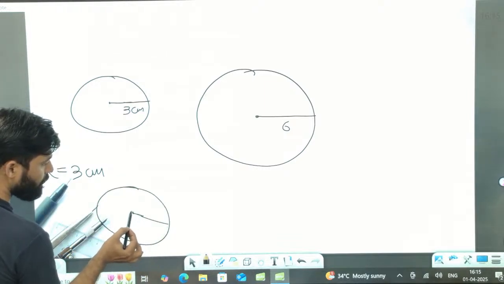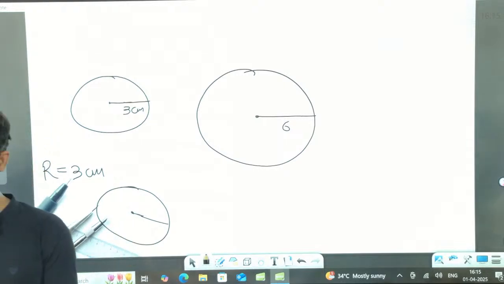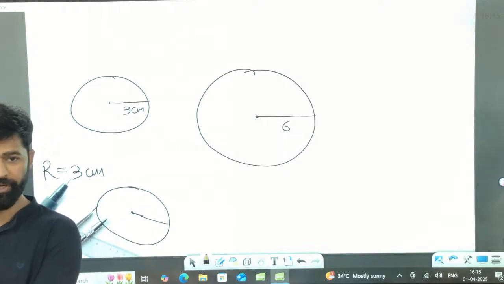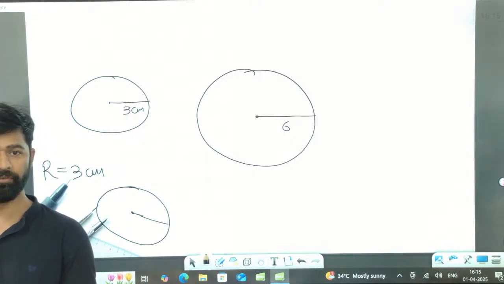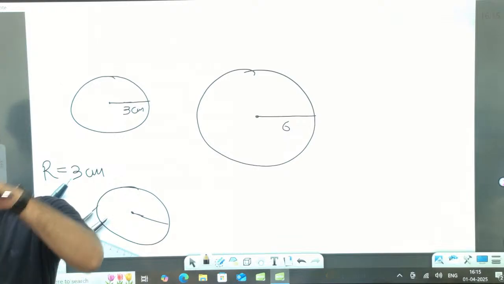Have you seen bangles? You can place bangles of the same radius bangle over bangle like this. So this is also congruency.